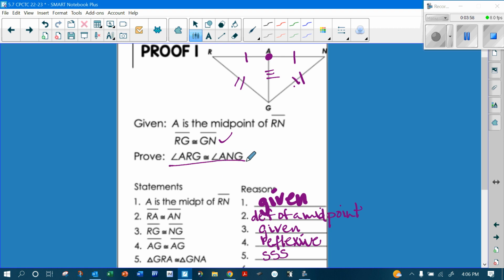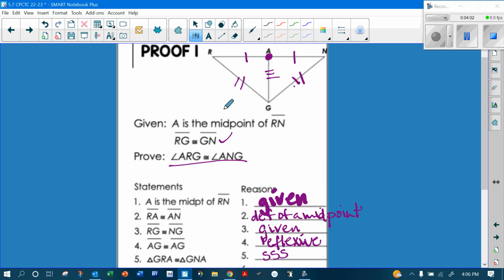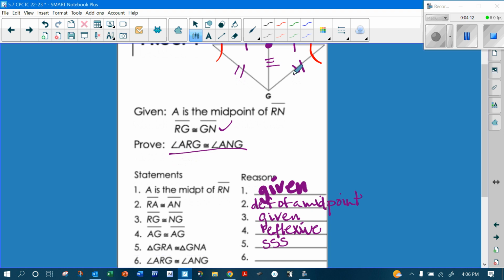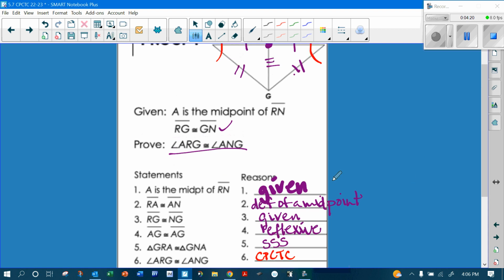Now they want me to prove that angle ARG and angle ANG are congruent. Well, if this triangle is equal to this triangle, then all of their parts are equal. So CPCTC is your reason there. Notice I had to use this first.